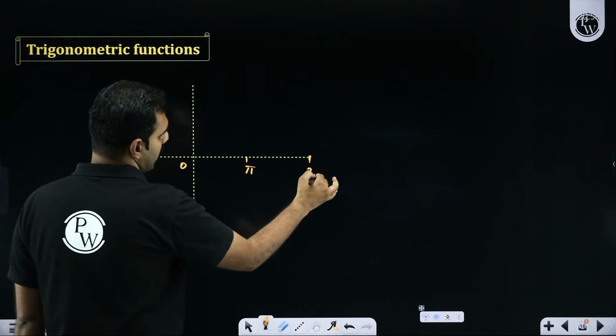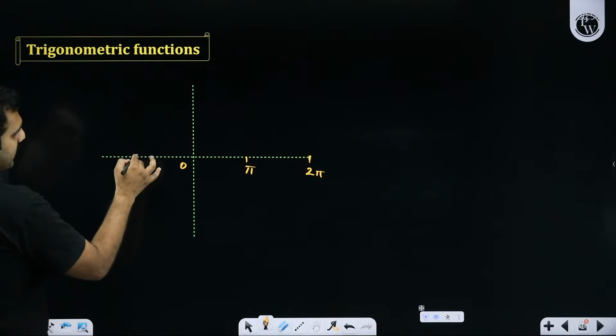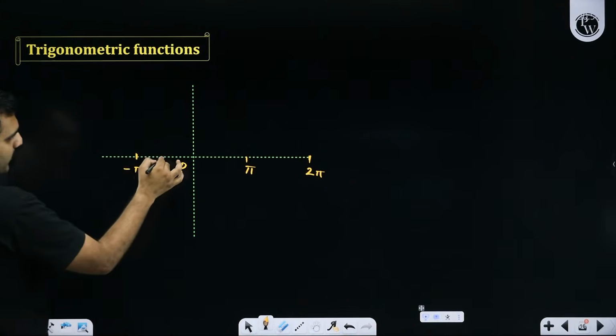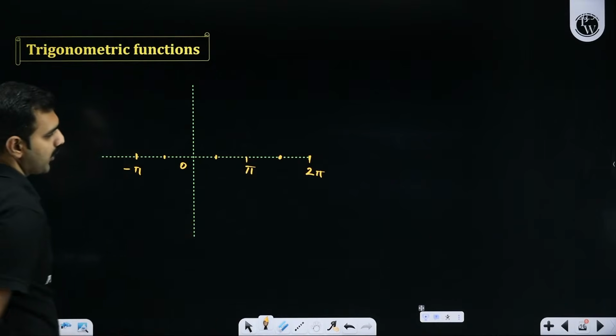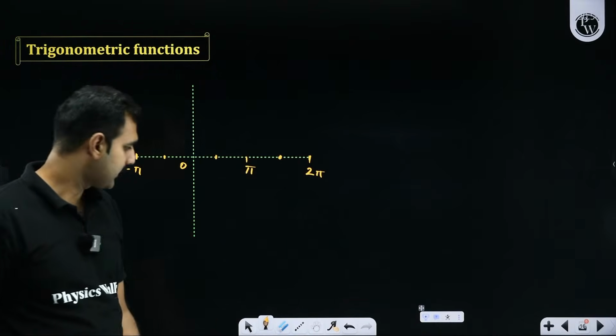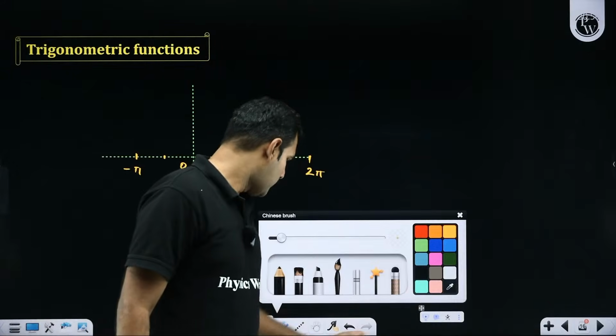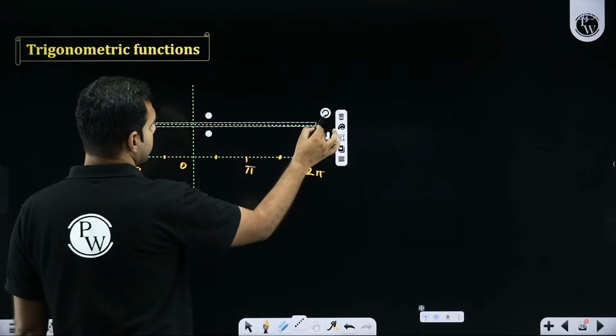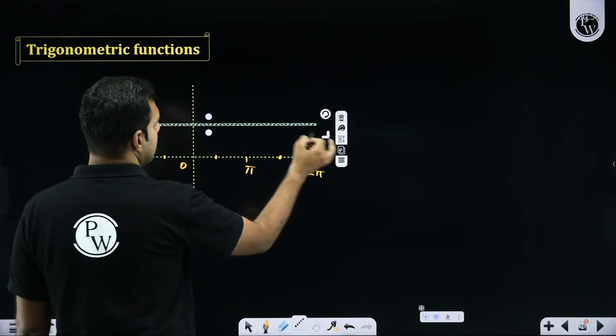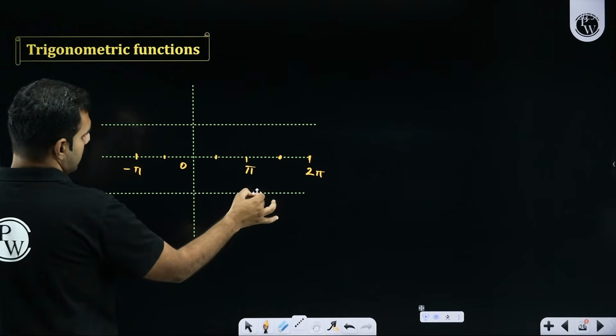This is, let's say, 2 pi. This, let's say, is minus pi. There will be minus 2 pi as well. In between, this is minus pi by 2, this is plus pi by 2, this is plus 3 pi by 2. Everybody comfortably getting it? Now, I hope you do agree that somewhere here it will be 1. And somewhere here it will be minus 1.